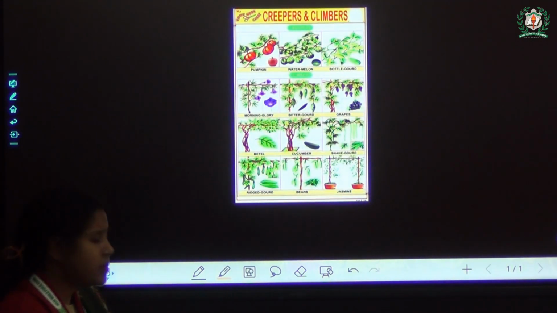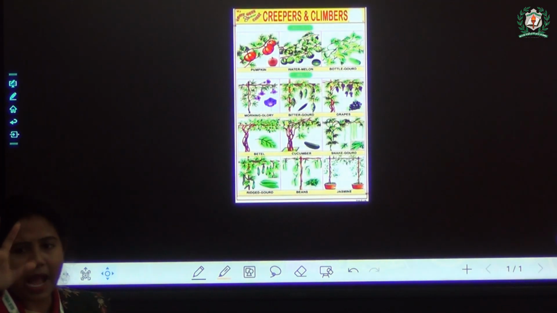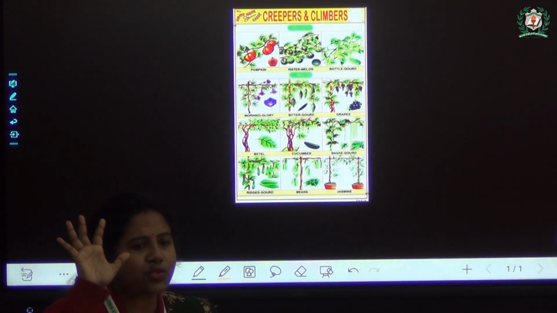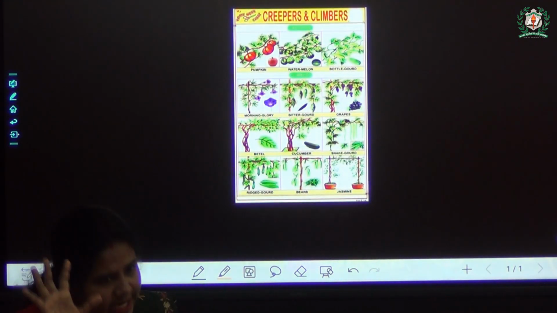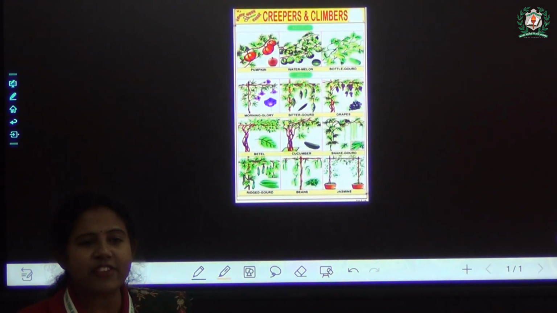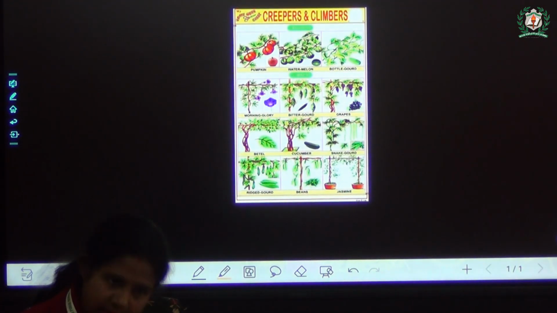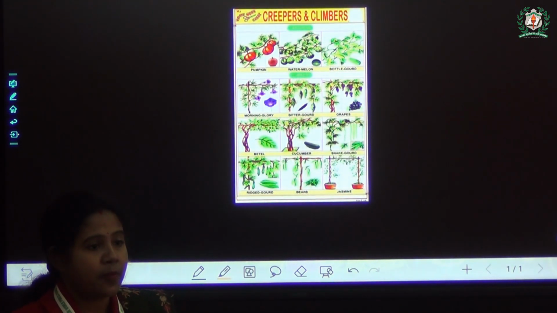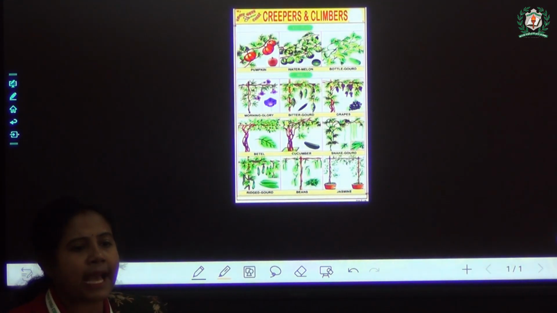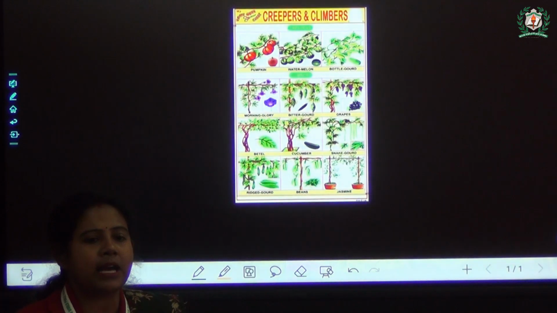Okay. From these 5 types of plants, which one is the strongest one? Trees. Which one has a trunk? Acha. Which type of plant is smaller than the trees but bigger than the herbs?